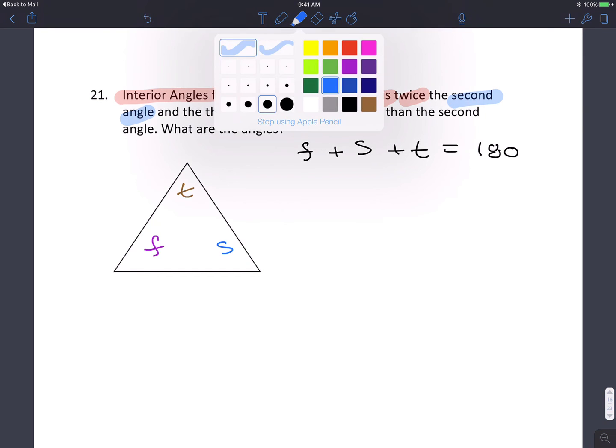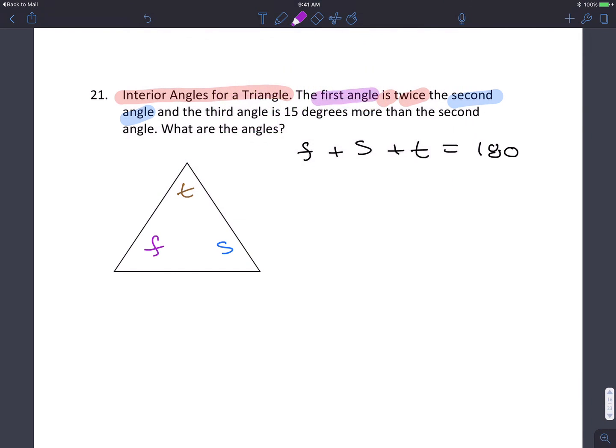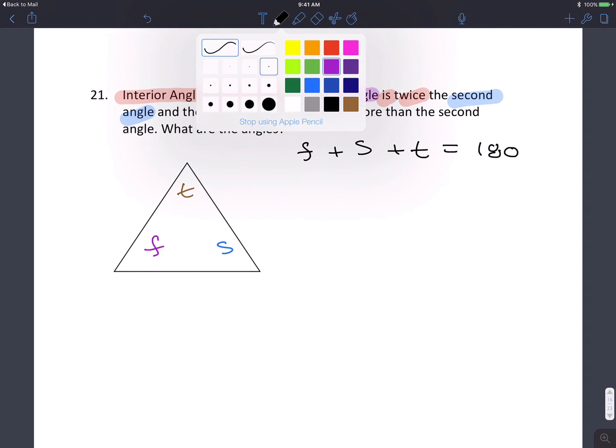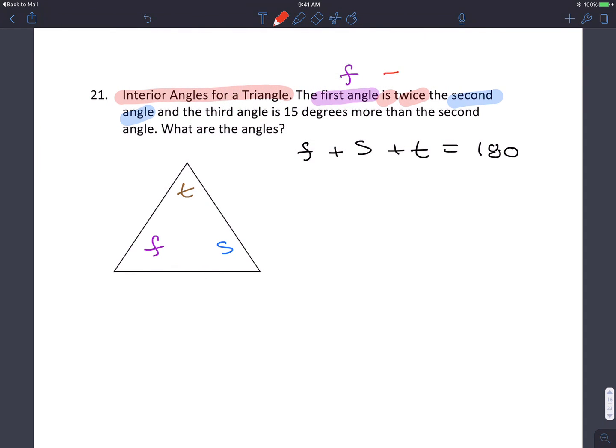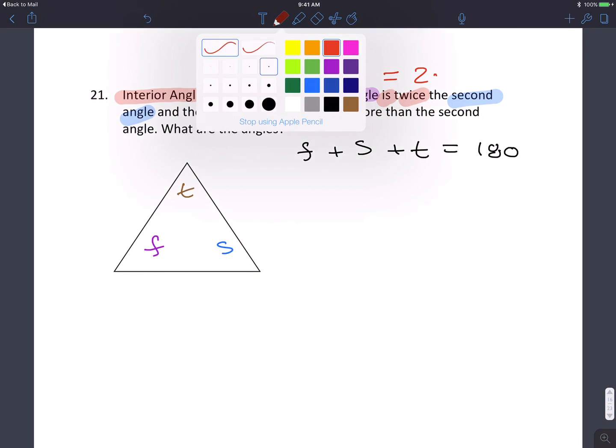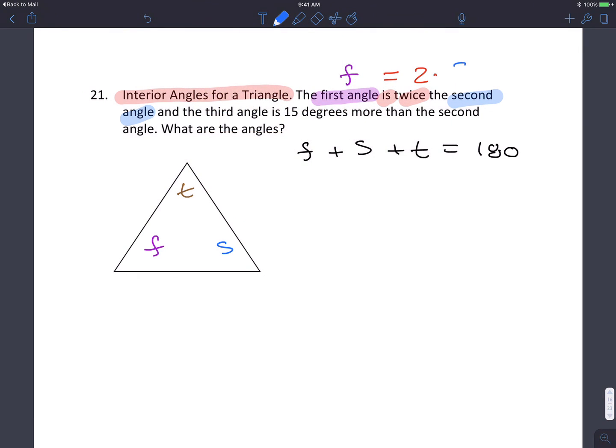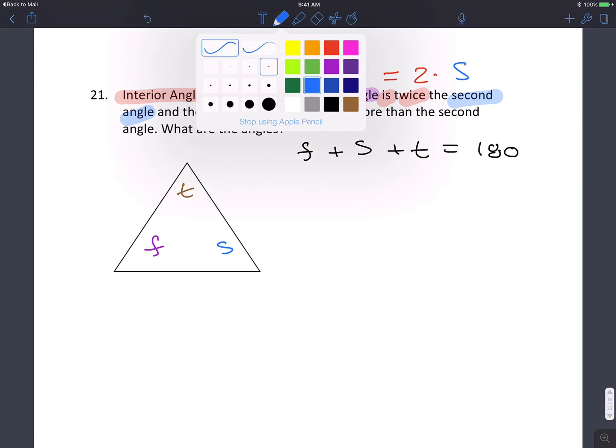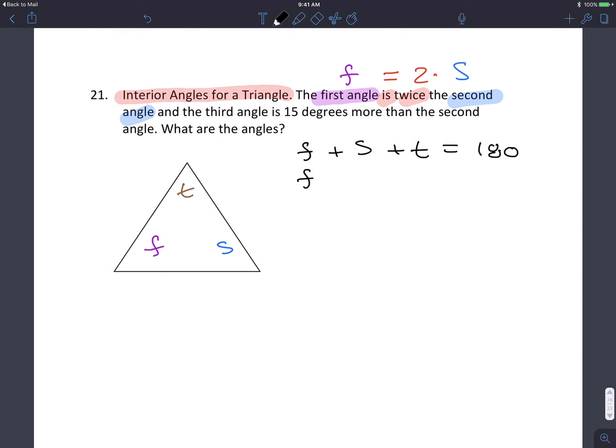So if I really focus on this, we have F is twice, 2 times, now the second, S. So that's what they're saying, and this equation is F equals 2S.